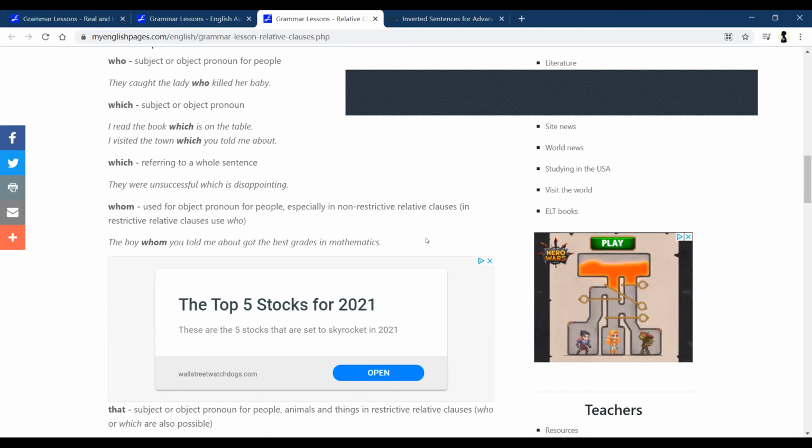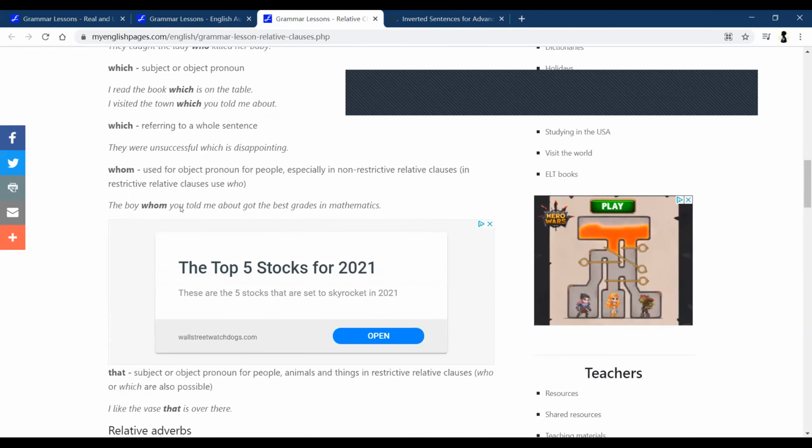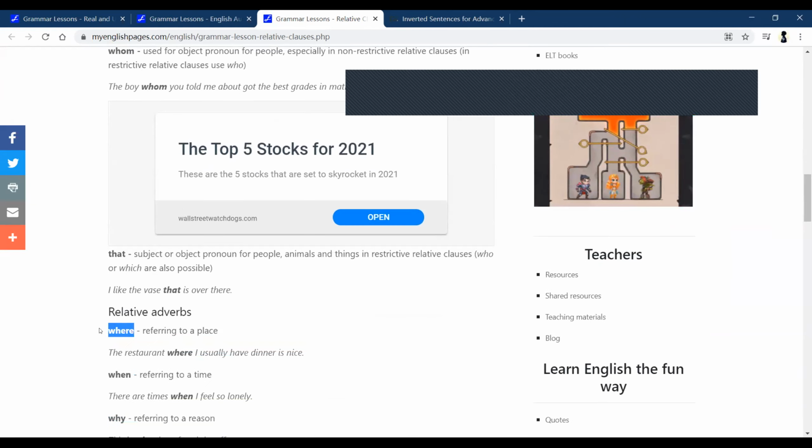I moved the preposition to the front of the clause, so it's in which. You can use in which to substitute the word where, to refer to a place, and also you can use which to refer to when.